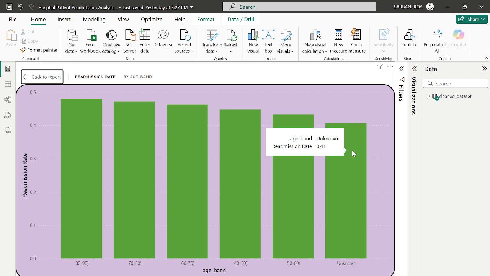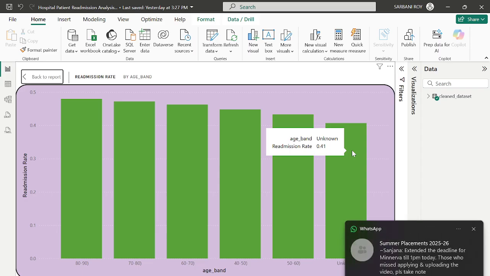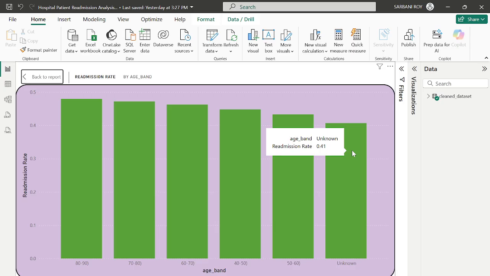Each bar represents an age band, and the height of the bar indicates the percentage of patients who were readmitted from the age group. Meaning of the colors. The bars are in green, which is the theme color used in the dashboard for the patient-related metrics. Using a single color makes the audience focus on the different bar heights, which represent the actual insights.